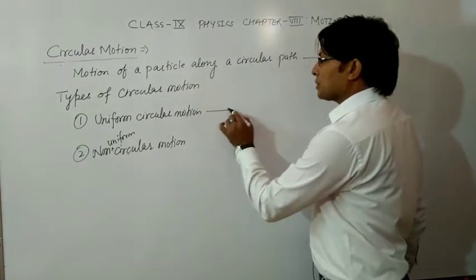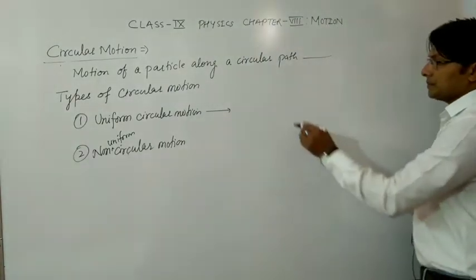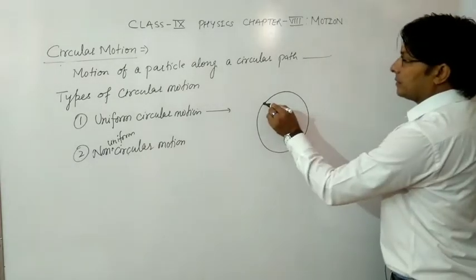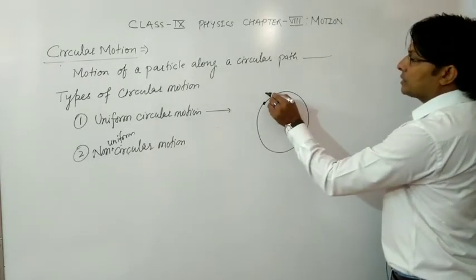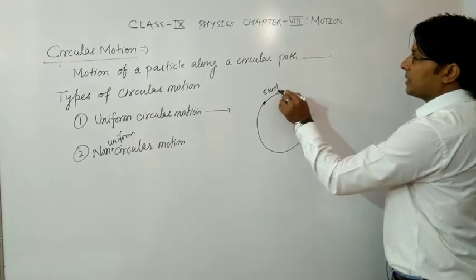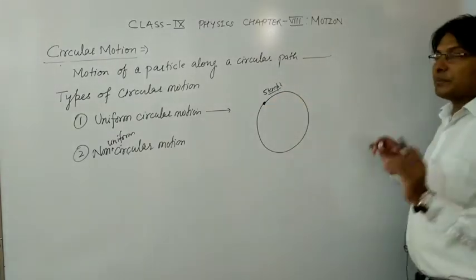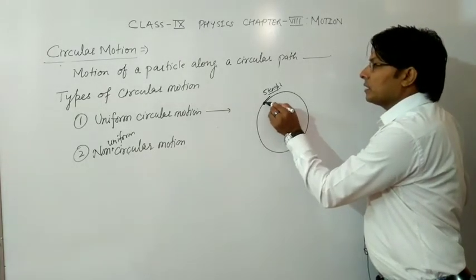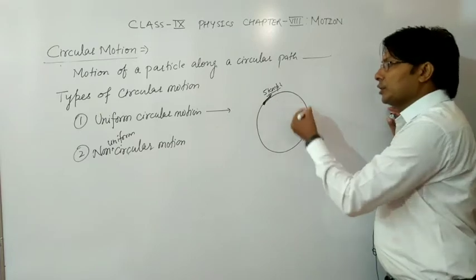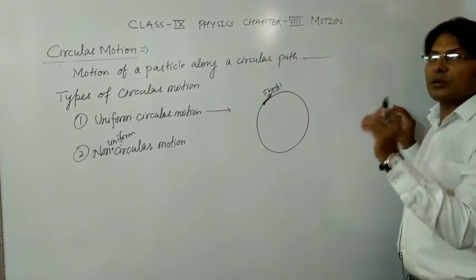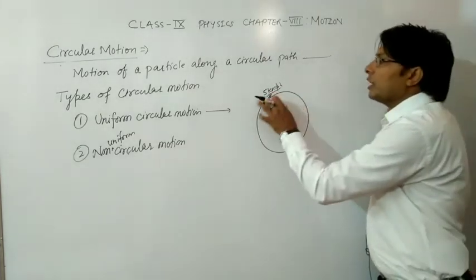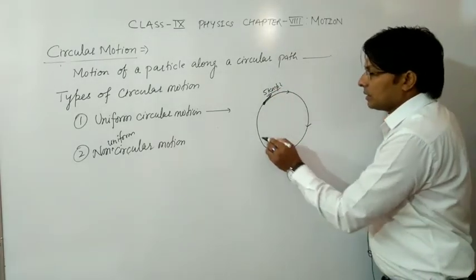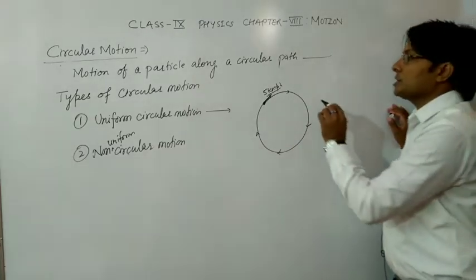So what is uniform circular motion? Suppose this is a circular track and the particle is moving with, say, 5 km/h speed, and this speed is not going to change. The particle is moving along the circular path with uniform speed, the speed of the particle is always 5 km/h, although the direction of the speed is changing.